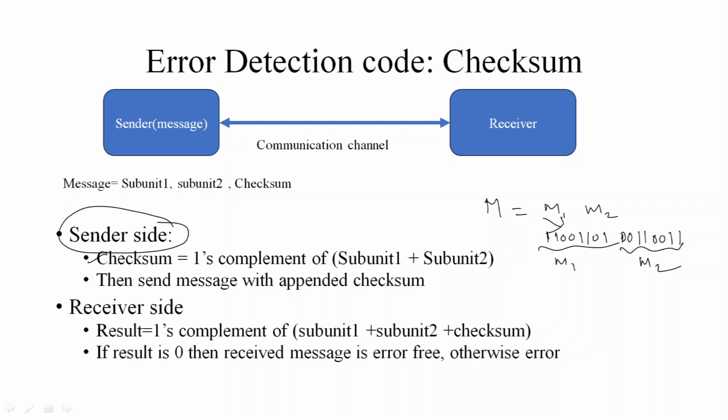Suppose the message is divided into 2 chunks, then we add the numbers present in both chunks. Here the first chunk of the message is 1 1 0 0 1 1 0 1, and the other chunk is 0 0 1 1 0 0 1 1. Then the sender computes their sum.